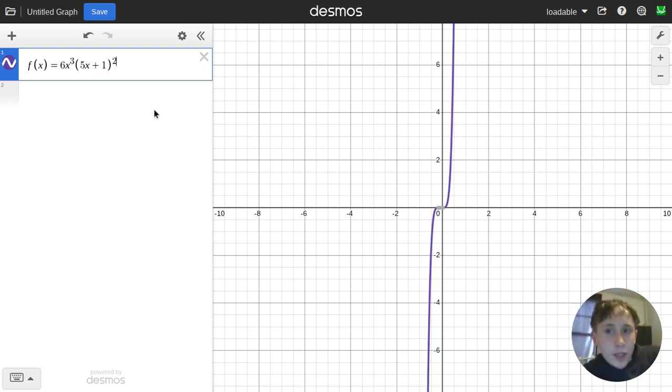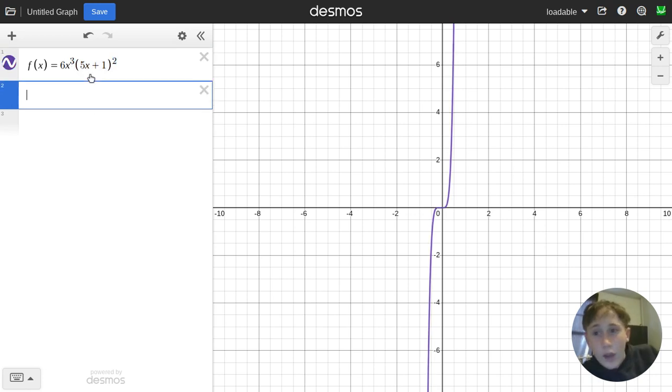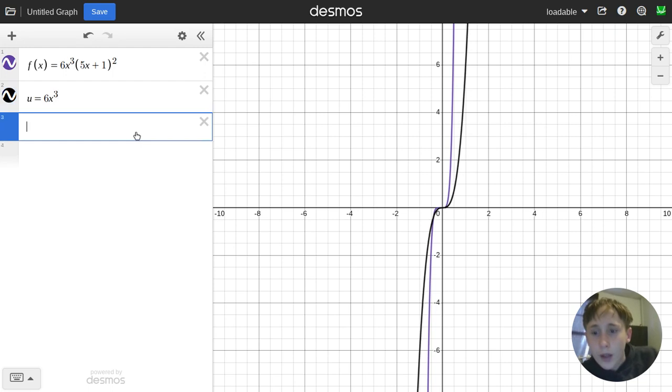So it's two terms, so this is essentially u times v still. It's still going to be using the product rule, but the way we find the derivative of this is a little bit different, because we need to use the chain rule. So first of all, u equals 6x to the third, v equals (5x plus 1) times (5x plus 1). Wrap those into parentheses.